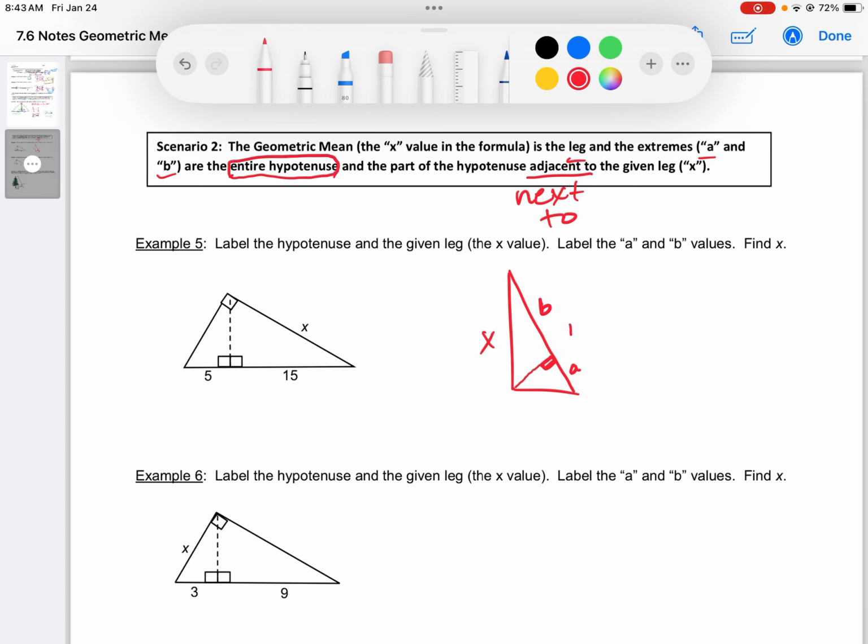So this part plus this part, B plus A. So again, that's important. It's the little piece of the hypotenuse, and then it's the whole hypotenuse.